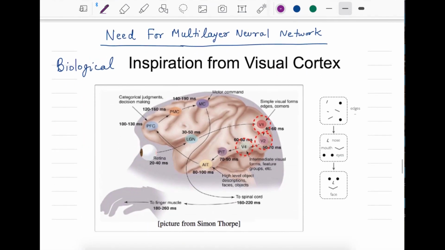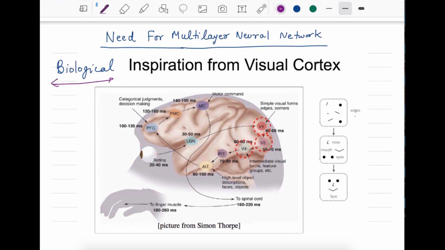Another motivation is from biological inspiration. As you can see here, we have a human brain. Last time I also discussed that this particular node detects very small features, which are edges. Then another node takes these lower level features, the edges, and converts them into higher level features, which are nose, mouth and eyes.